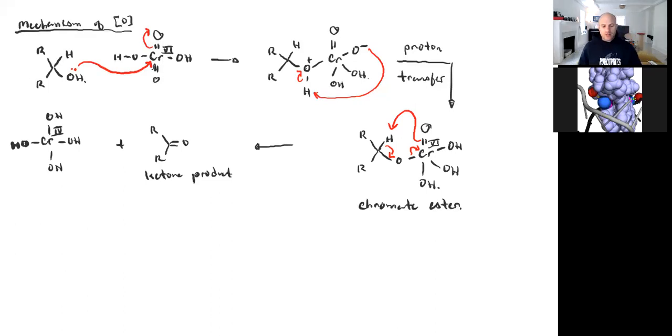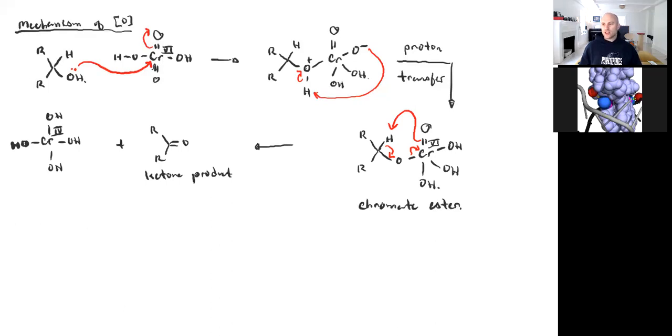So the important points about this mechanism are the first step, the addition to the chromium. And in the second step, the proton transfer, we're totally okay with you just writing proton transfer. You don't even need to draw the arrows. If you want to, you can.